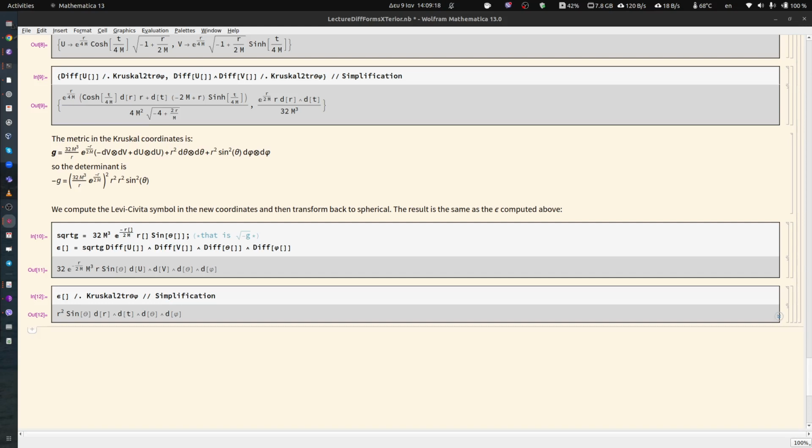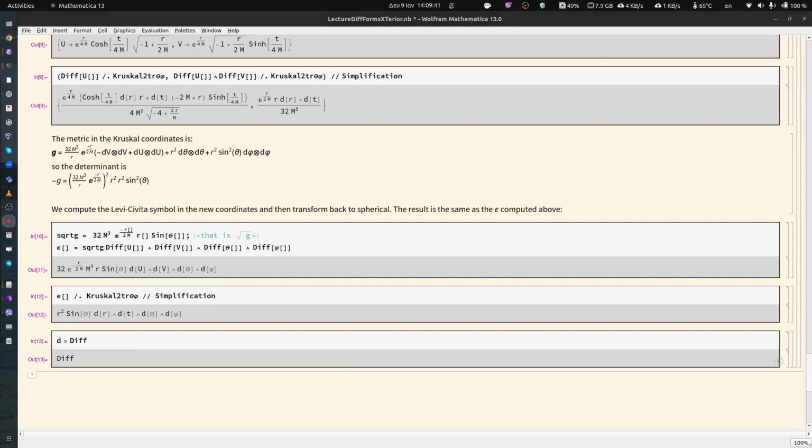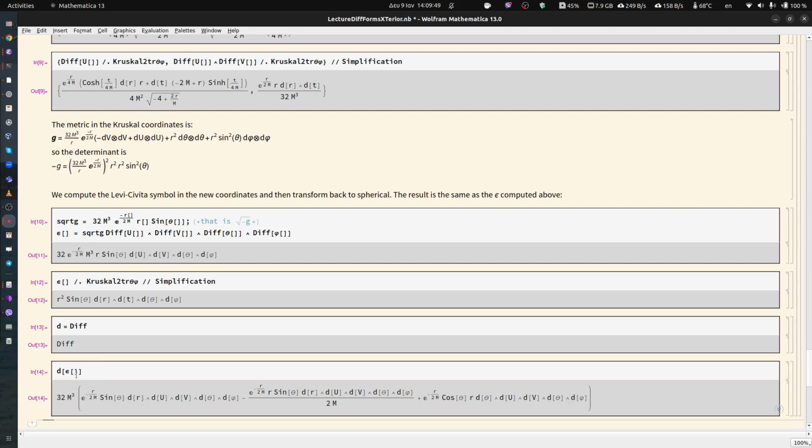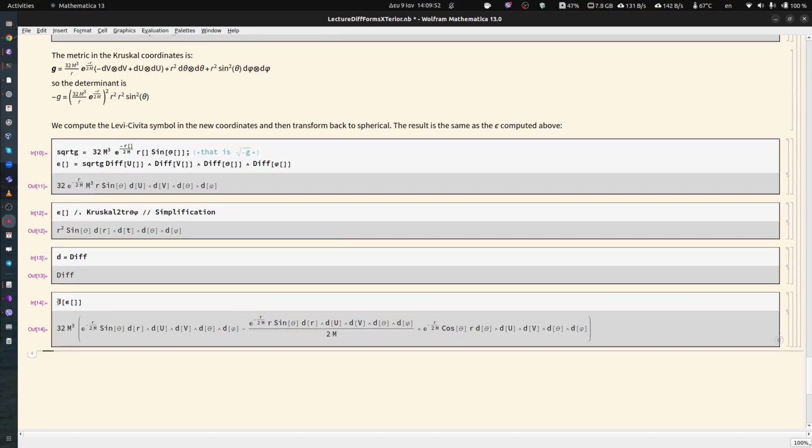Now you may have found the notation of entering expressions with the exterior derivative too cumbersome. So instead of using diff here, we can define a simpler symbol by defining, for example, the small letter d to be diff. Then we can write expressions that are less complicated. So you see now when d is applied on epsilon, it is the same as diff applied on epsilon.